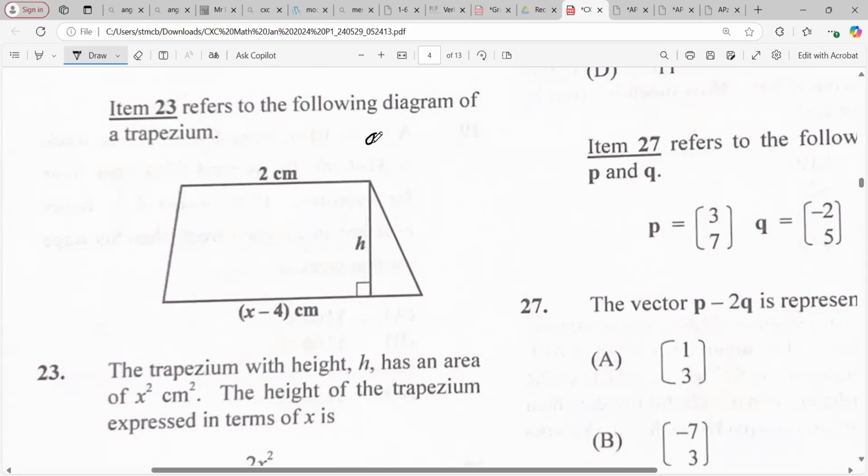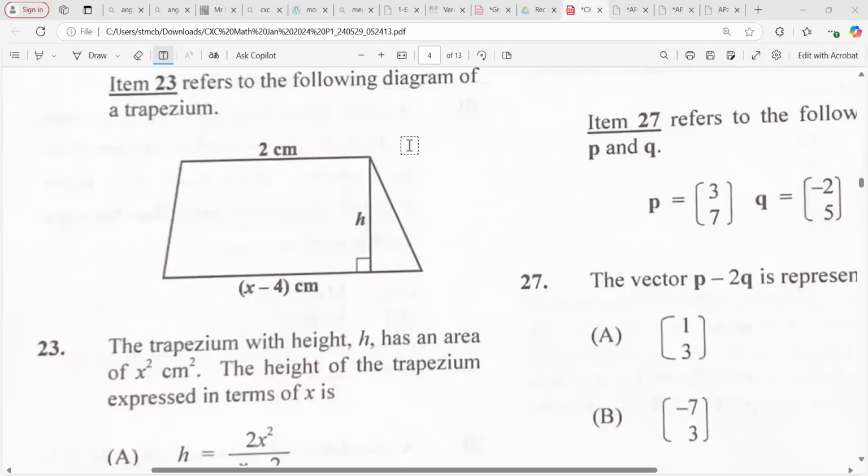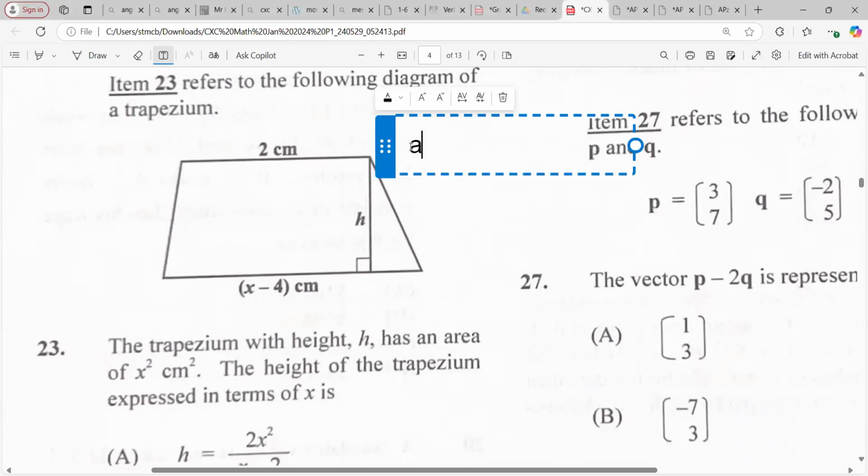All right, let me type it in. Hold on there, guys. So it would have been a plus b times the height, right?